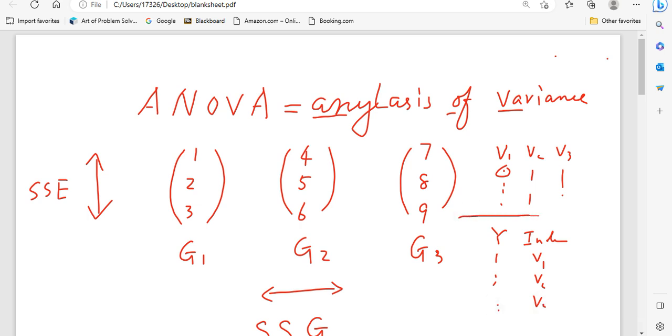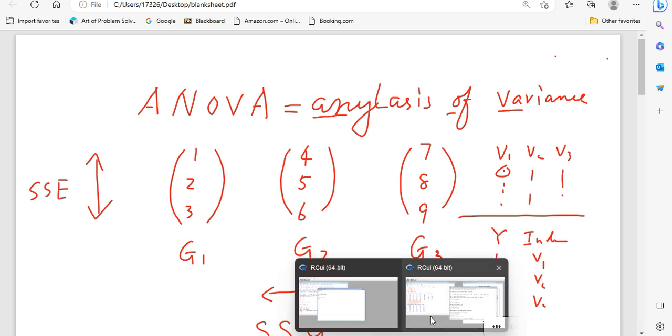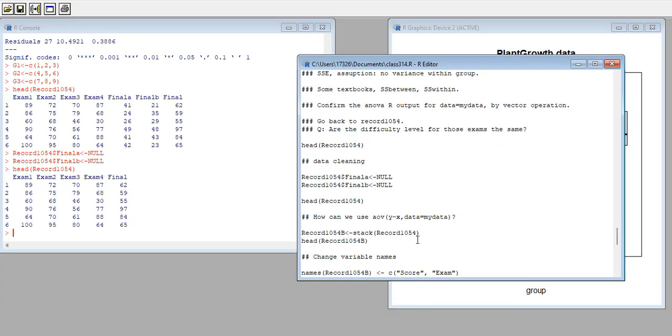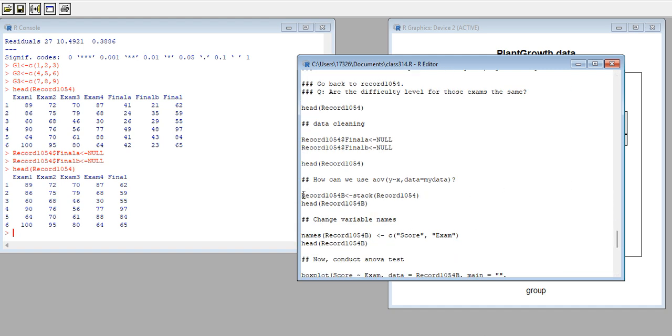So for data file we have two formats. So we should change this to this way. Then we can say whether this Y is related to those index, variable index. So at first we need to do these things. So in R we can use the stack function. So let's say the code is stack. Use stack.